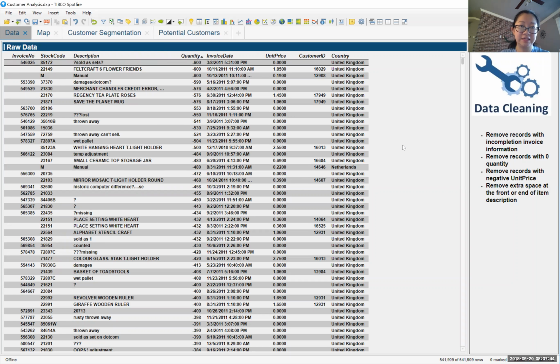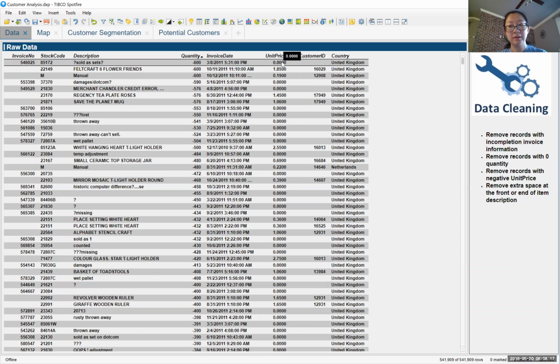Looking at this data source, you get a feeling there are certain data quality issues. Sometimes you don't have the invoice number. Sometimes the customer ID is missing, which is crucial when you do any analysis on invoices. And looking in detail at the quantity, it could be negative, and the unit price can be zero.